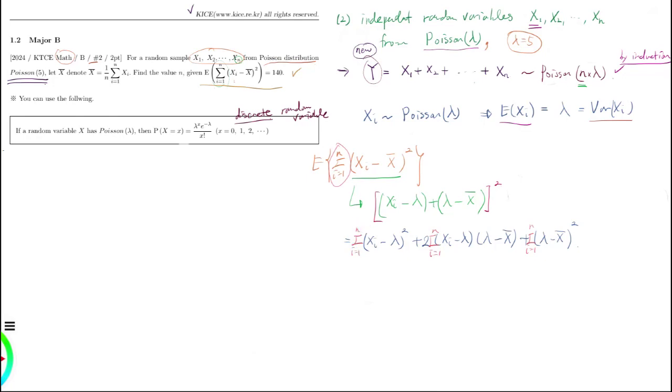What I have here is the last term is nothing but a constant, so this is n times the square of the difference between lambda and sample mean x bar here. And then for the second term here, the index i only takes this first factor.